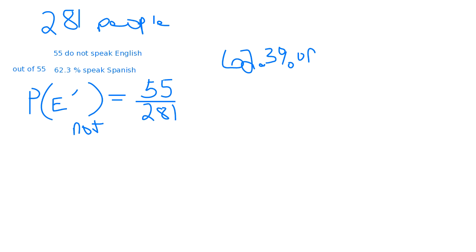It's not out of the total amount of people, it's out of the 55 people. So what is 62.3% of 55? Well, I have my calculator, so 0.623 times 55 is 12.65.